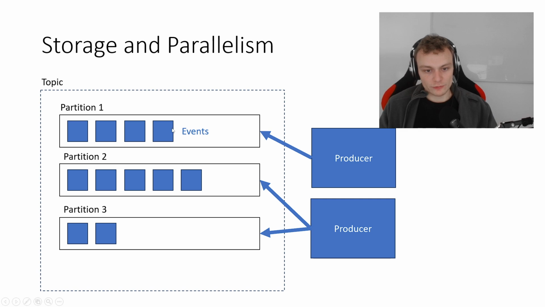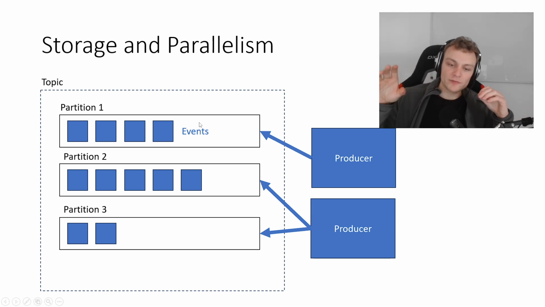When a producer writes into the partition, it appends an event at the end of the partition list. So each partition is a list that stores multiple events, as you see here. And when a new event is written into a partition, it will be appended to the end.